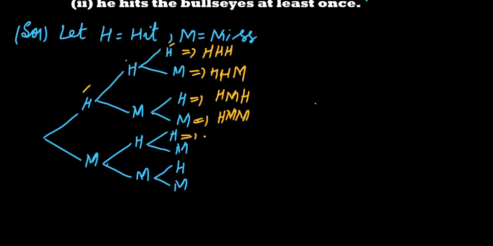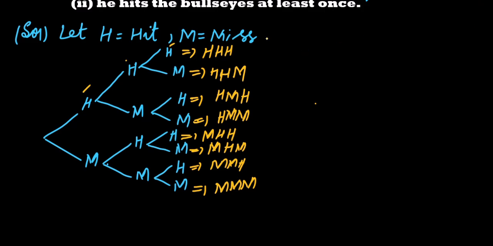From here, the outcome is MHH. From here, the possible outcome is MHM. The 7th one is MMH, and the last outcome is MMM. So these are the 8 possible outcomes of this experiment.